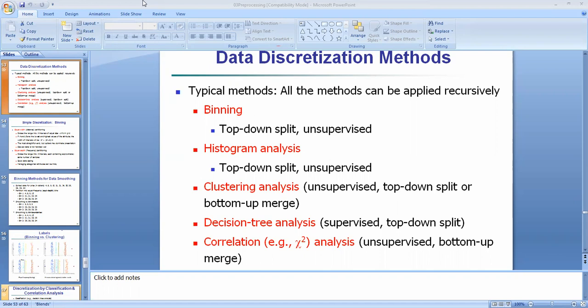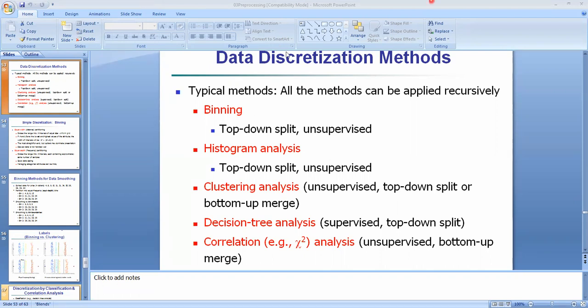You put items from the top downwards, so you can split it. So the binning discretization method is unsupervised.